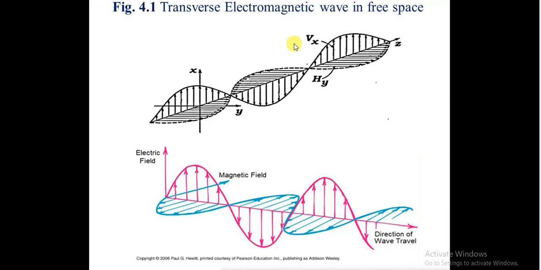Here in this black and white diagram, the vertical lines represent the electric field, the horizontal lines in the y direction represent the magnetic field or the magnetic component. This is a color diagram so that you can distinguish between the electric and magnetic field.